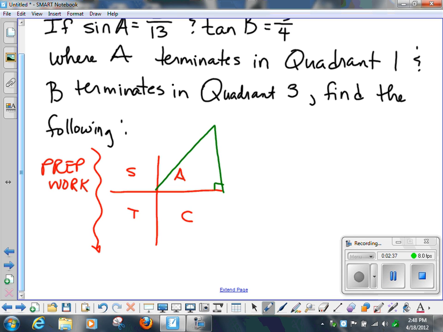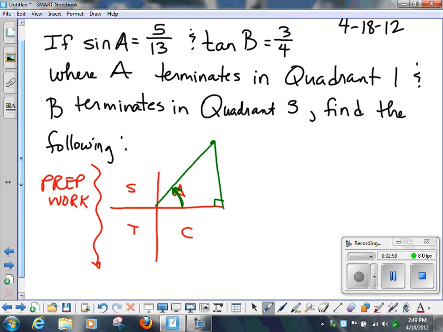And it says that angle A terminates, here's the angle, means it stops in quadrant 1. So angle A is this angle here closest to the origin. It's in quadrant 1. It says its sine is 5 over 13.